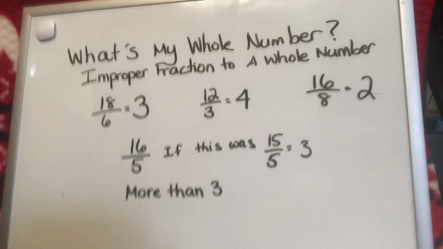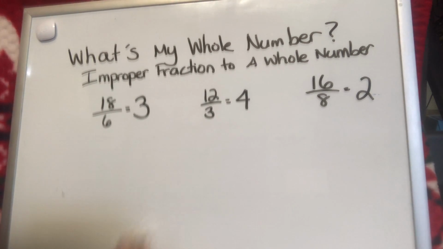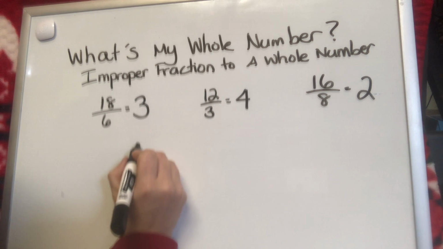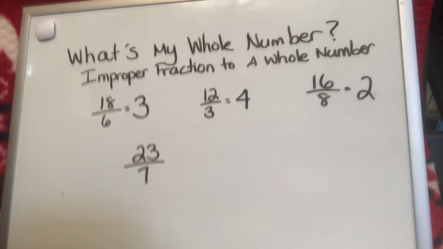All right, let's try another one. 23 sevenths, okay? So nothing times 7 equals 23, right? So 23 divided by 7, not going to happen nicely, without any remainders. So I'm going to say to myself, well, what could get me close?